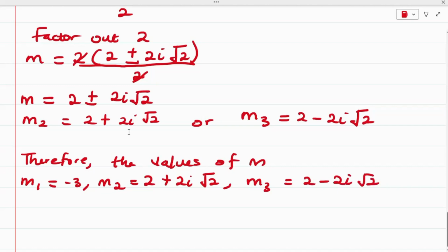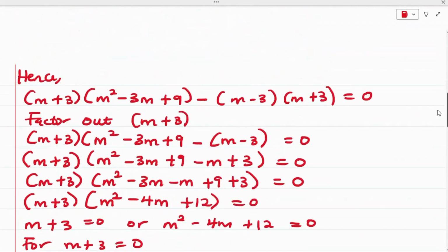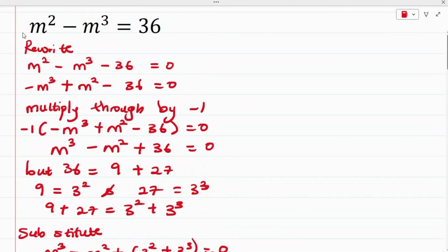So these are the possible values for m. Right here we have been able to solve for the value of m. We have that m1 is equal to negative 3, m2 is equal to this, and m3 is equal to this. So these are the possible values for m in this question.